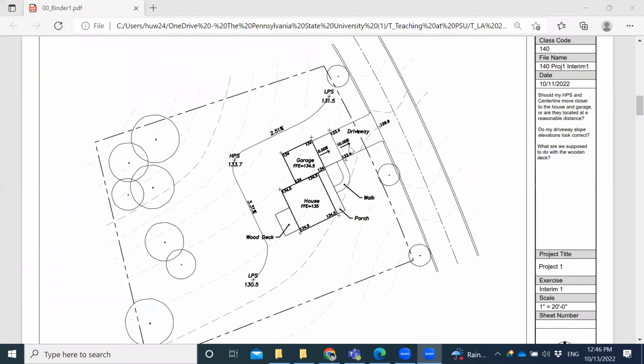Should my HPS and centerline move closer to the house and garage, or are they located at a reasonable distance? You should move your HPS closer to the house, because it looks like you don't have enough slope there. That corner is okay, that corner is okay, but you can see that I don't have enough vertical difference between 134 and 133.7.